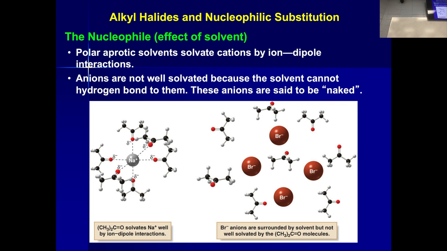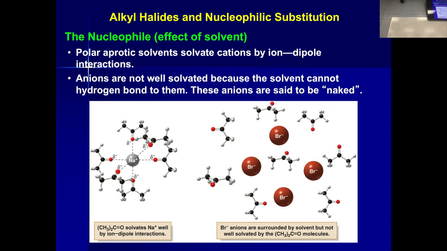So if Alyssa ran the reaction that I've got up here in water, and then again ran the reaction in acetone, which one would go faster? In the acetone. And so you're going to find that SN2 reactions typically react better in polar aprotic solvents. The solvent has an effect.